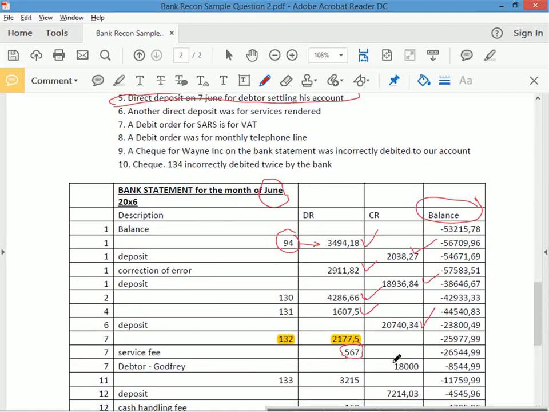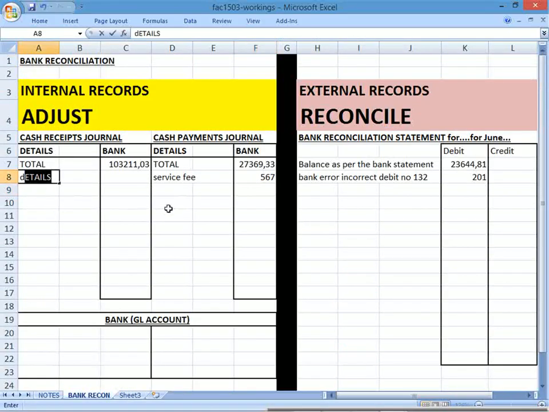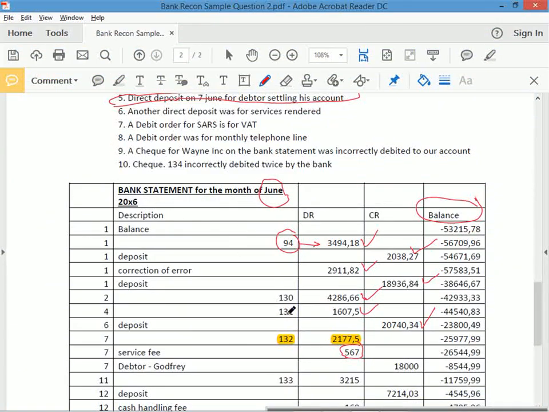This was from a debtor. Are we going to adjust or reconcile? We're going to adjust. Perfect. So, debtor, Godfrey, 18,000. That's going to go to my cash receipts because I haven't captured it. Got that? Perfect.